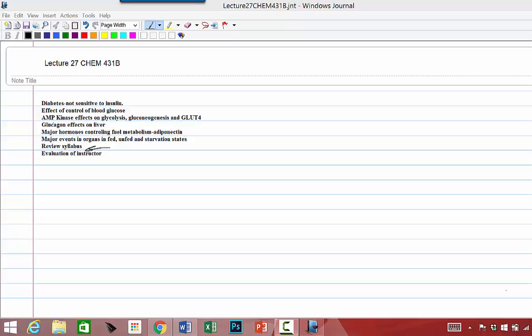All these other things are important, but it gets too complicated. You just had a meal, insulin is secreted, AMP-dependent kinase gets activated. You're going to increase glycolysis and decrease gluconeogenesis. And if this is a muscle cell, you're going to move the glucose transporter from internal stores to the surface so that now the muscle can take in glucose. This is also triggered by low energy charge as well.